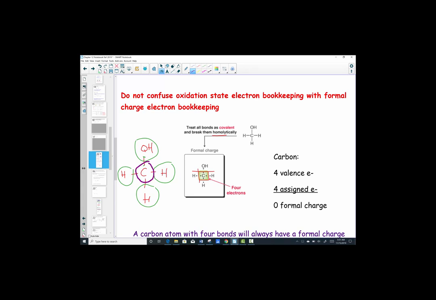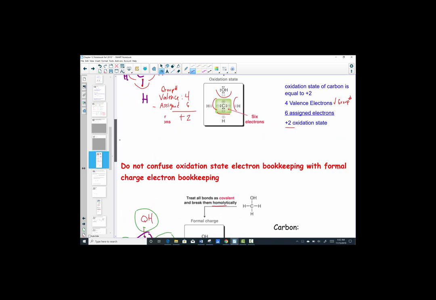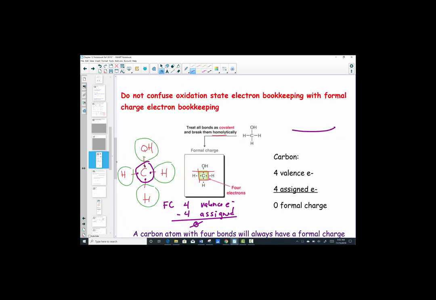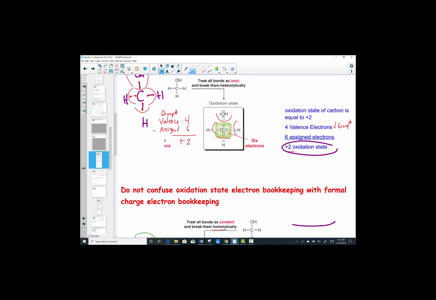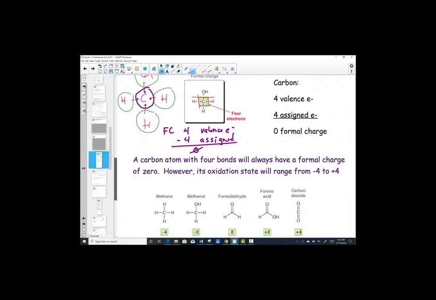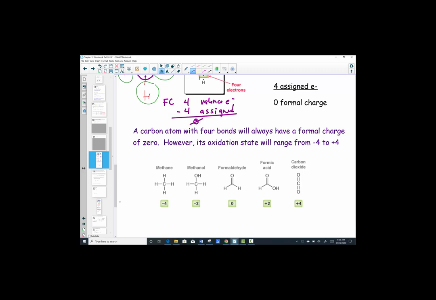Here you can see carbon would have 4 electrons assigned to it. For formal charge, carbon lives in group 4A, so here would be its valence electrons. It has 4 assigned electrons, and therefore its formal charge is 0. Its oxidation state is +2, but its formal charge is 0. So we want to be sure we're making a distinction between the two ways that we electronically bookkeep.